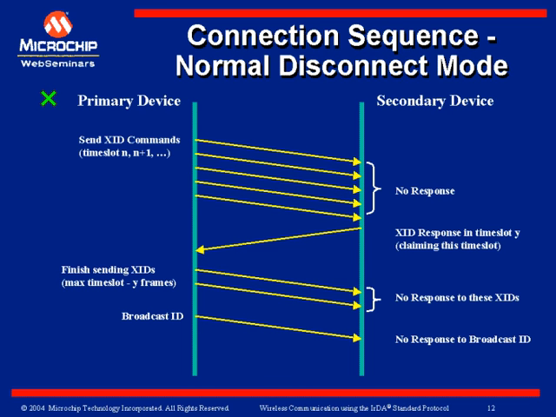When the secondary device gets in range of the primary, it will respond to one of these XID commands and claim a particular time slot. The secondary device then ignores the remaining XIDs that will be sent by the primary device. After the primary device has completed sending out the entire list of time slots, it will then send out a broadcast ID. None of the primary devices will respond to that broadcast ID.